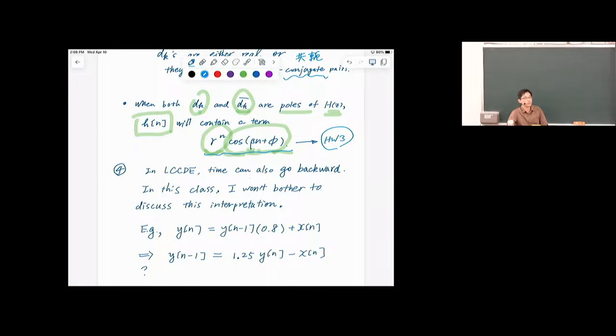That is still true. It just turns out that some of them, when they add up, equal a cosine. Don't be surprised. Some of the impulse responses may contain terms like this. That's all I want to say. So far, so good? Okay.